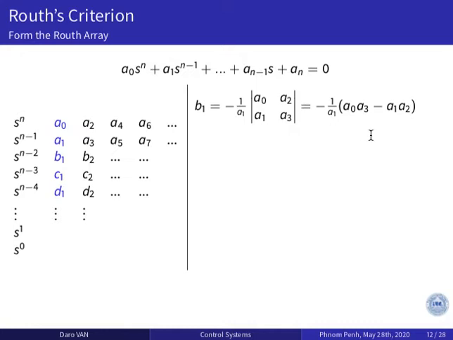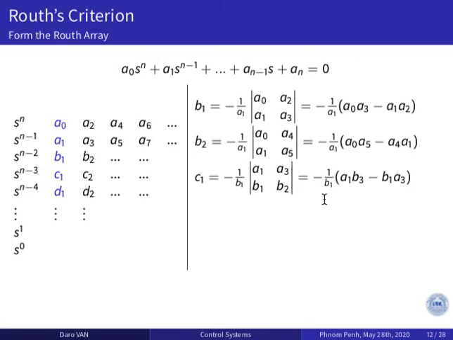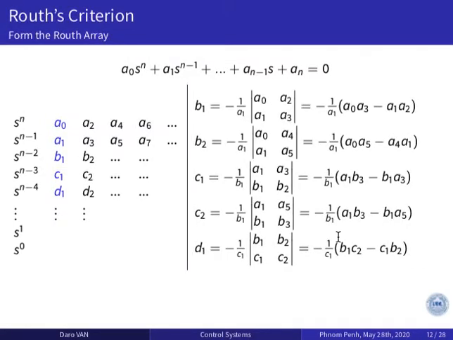Then you calculate the determinant to obtain the coefficient b1, and also b2. b2 is the same, minus 1 over a1, but the determinant is different: a0, a4, a1, a5. For c1, you need to change the coefficient, minus 1 over b1 in this case, and then calculate the determinant. c2 follows the same procedure. Also d1, d2 if you want.